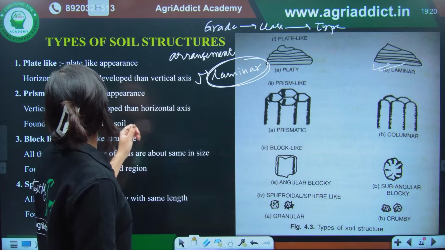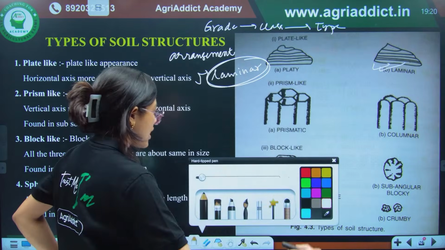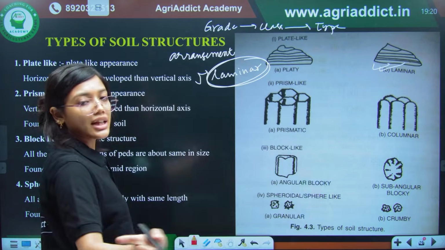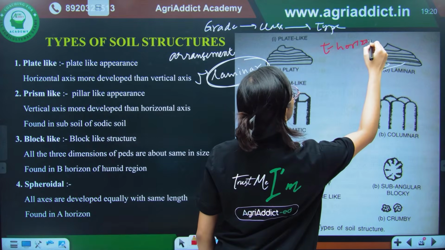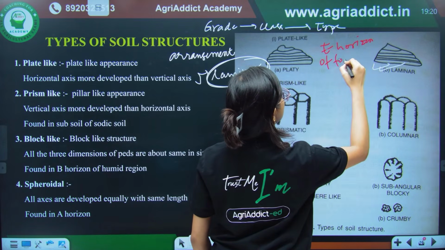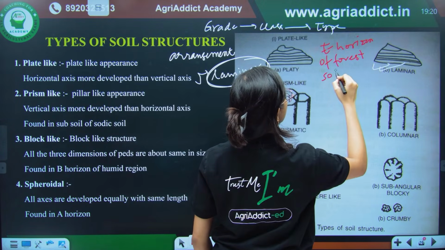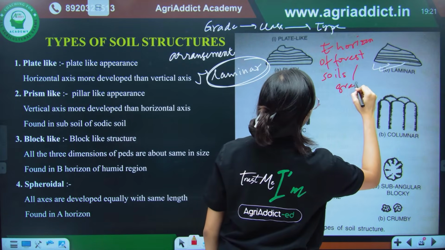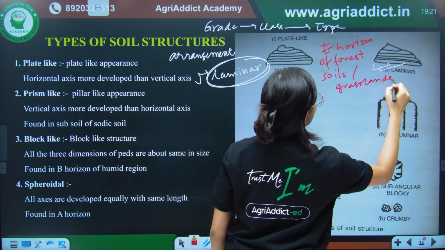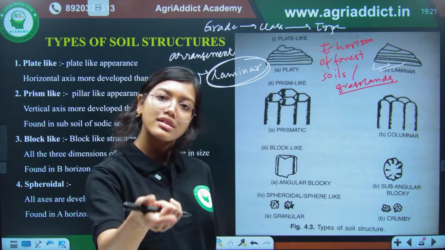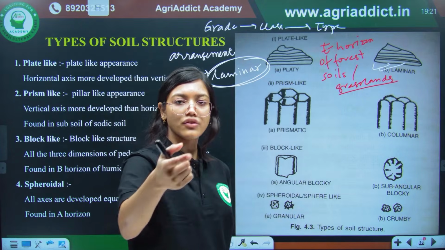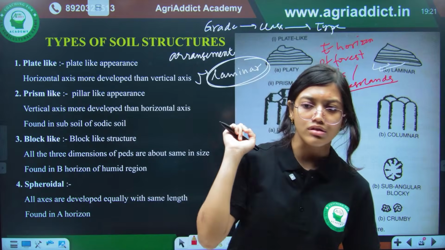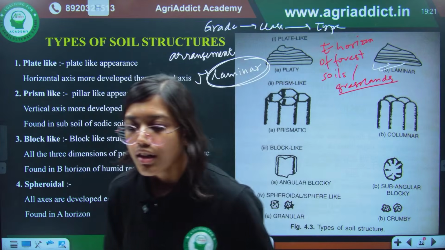Another thing you have to remember is that this platy structure is formed in the E horizon of forest soils or grasslands. The E horizon is a surface horizon, so it is going to form in the surface horizon of forest soil or grassland. Very important, this often came.